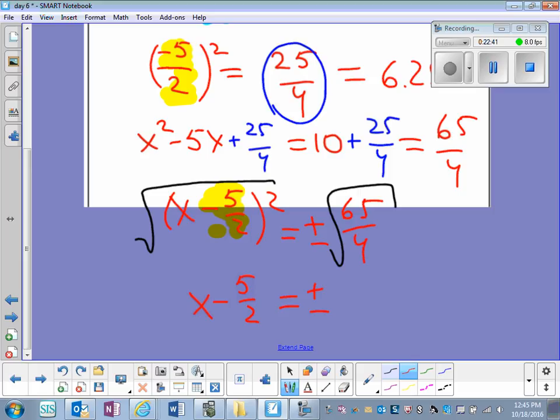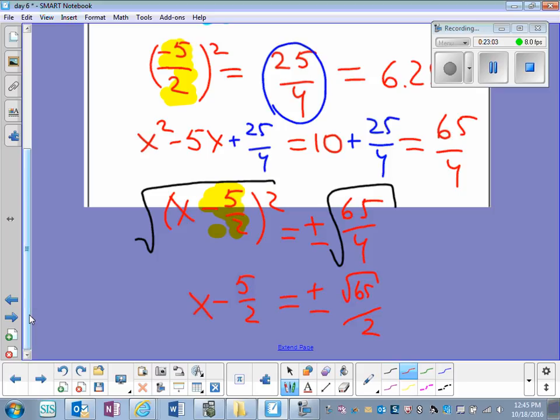Not by 3, so just 5. That gives us 13 and 1. So there are no pairs. That is why we leave it as is. Square root of 65 over 2.